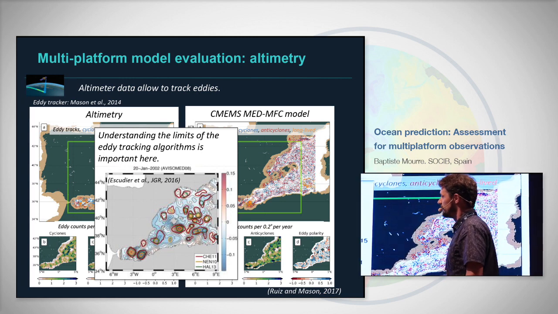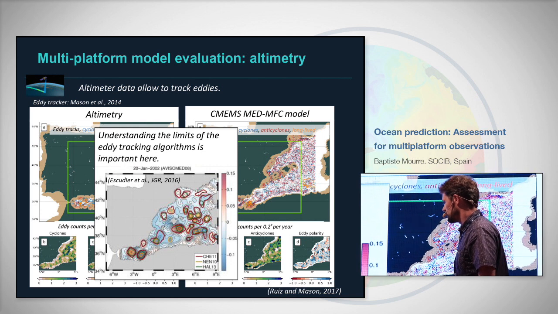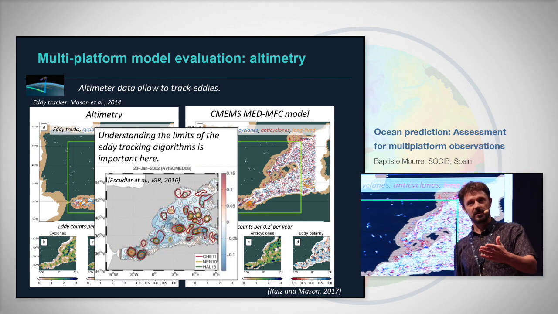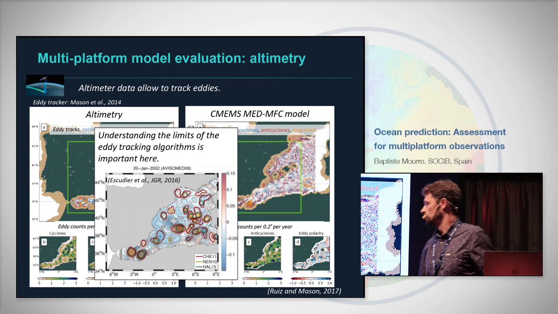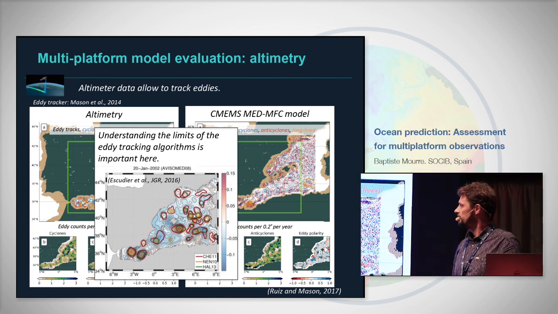This is illustrated by this plot where three different methods were compared, and you see that there are many instances where one of the methods detects an eddy and the other one doesn't detect any eddy. So maybe you have to work on a combination of these methods to have more robust results.